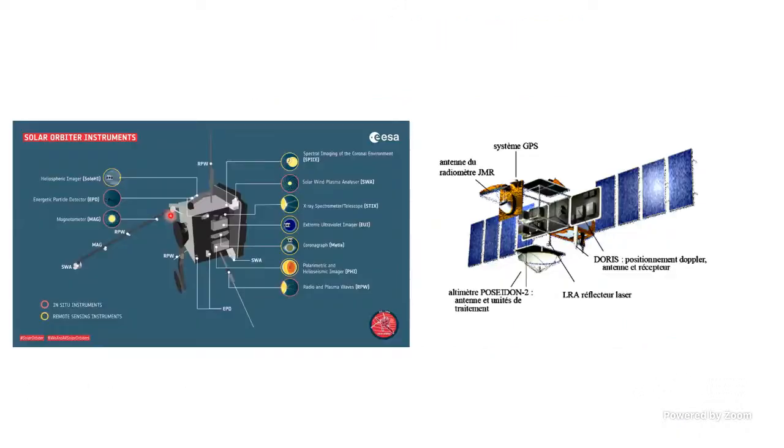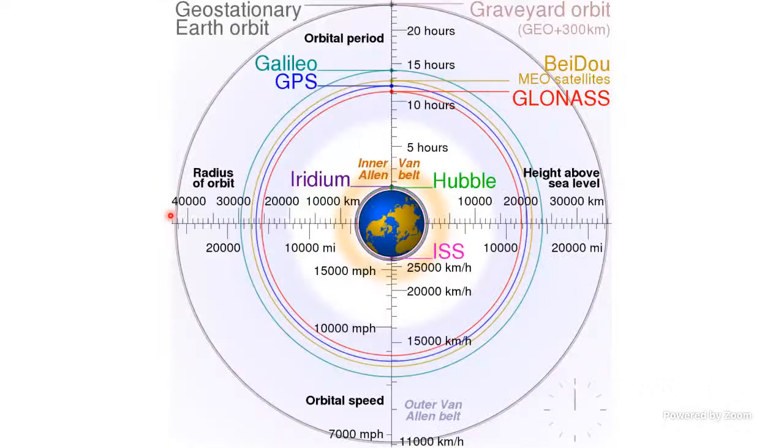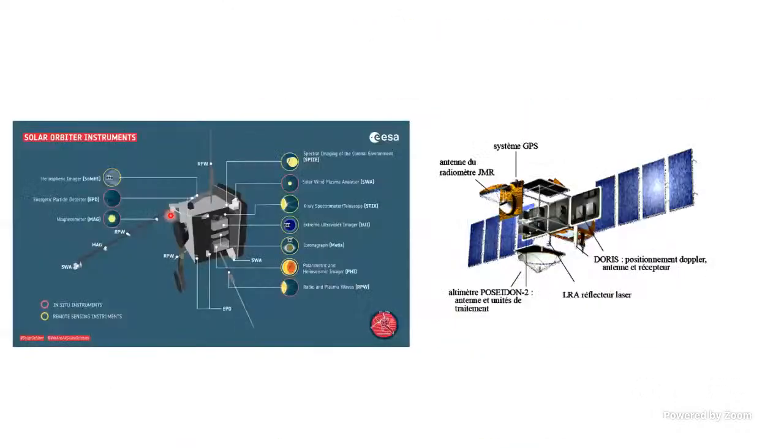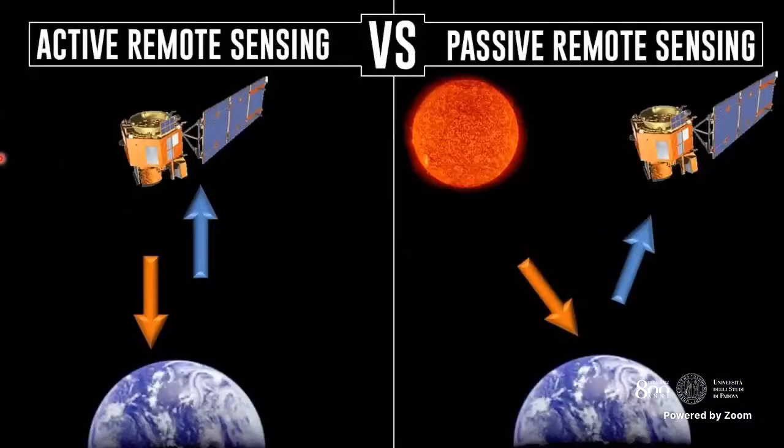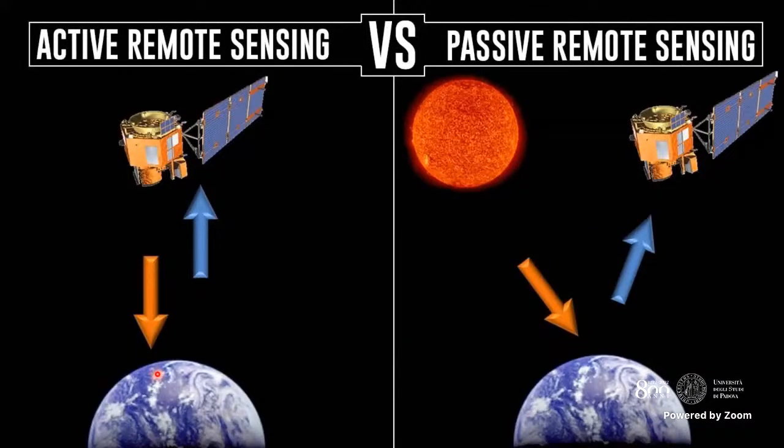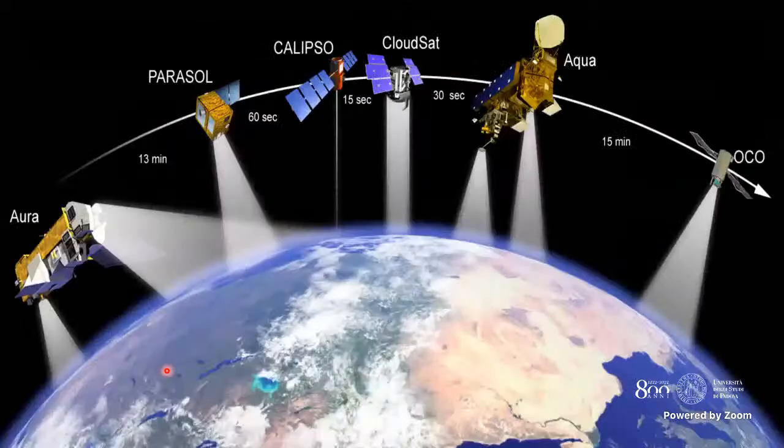So the idea behind it is, let's take active remote sensing. The satellite is going to send some signal, and we're going to receive it back after it being altered in the atmosphere or in land or in any other object where we want to research, and we want to have information about.